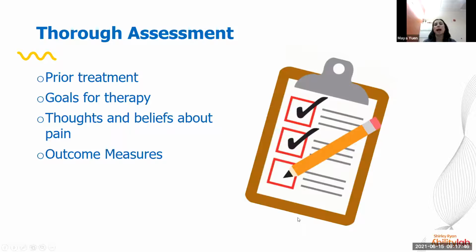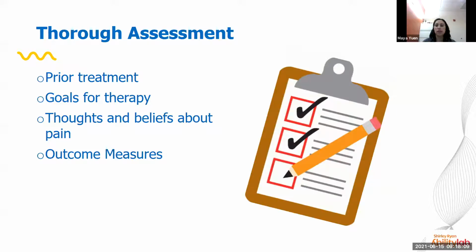So with a thorough assessment, you want to ask about prior treatment. What does the patient want to get out of their therapy? What are their goals? Get them involved in goal planning, thoughts and beliefs about pain. I think this one has really made a difference for me as a clinician, really getting the patient's take on what's going on. And then I also think that outcome measures can be pretty beneficial.